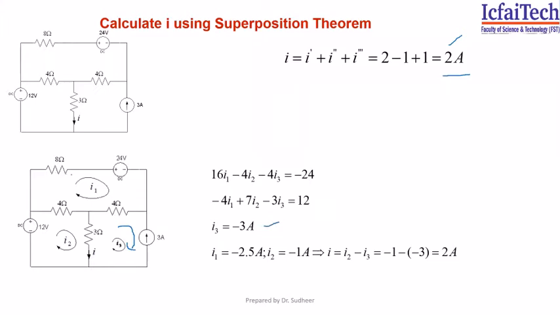Then we can write down the KVL equation for the first mesh current, that is 8I1 plus 24 plus 4 into I1 minus I3 plus 4 into I1 minus I2. Second equation will be minus 12 plus 4 into I2 minus I1 plus 3 into I2 minus I3.